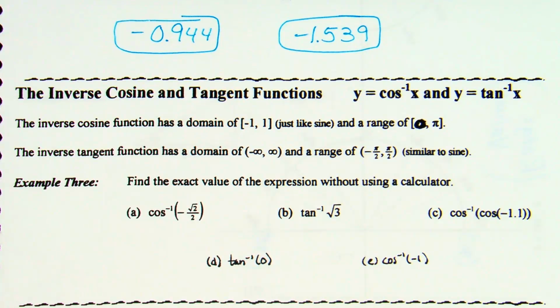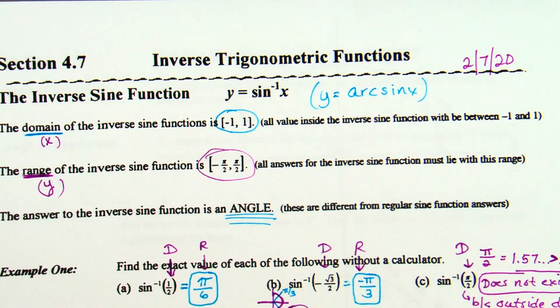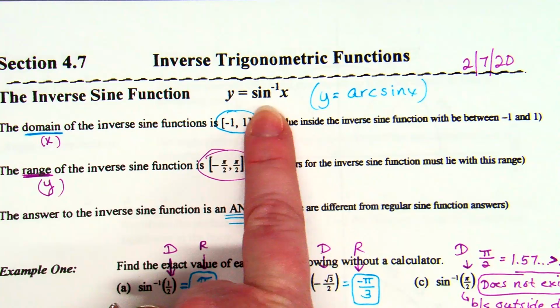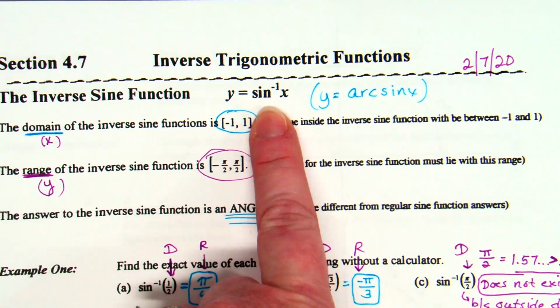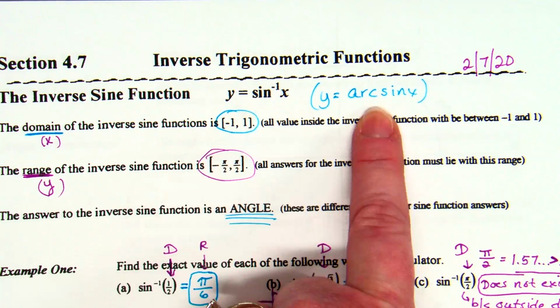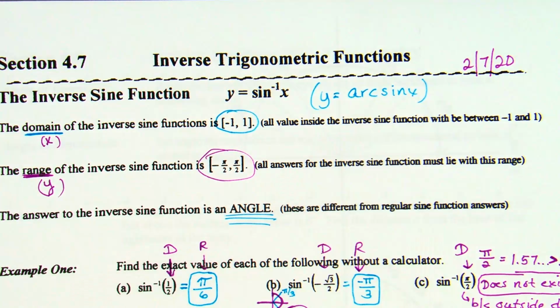For those of you that weren't here on Friday or have since forgotten, I mentioned on Friday that an equivalent way of saying sine inverse x is to say arc sine x. You will see that in homework some. It's asking the same question as sine inverse x.